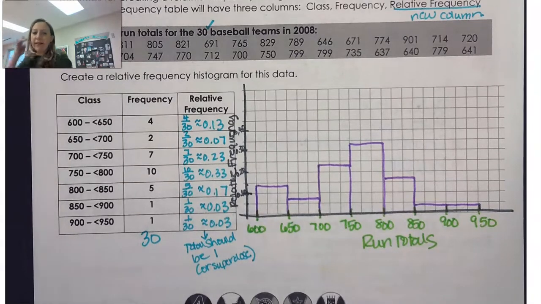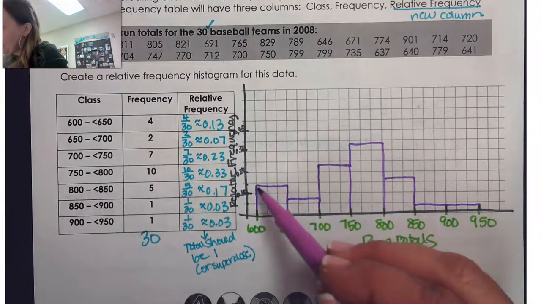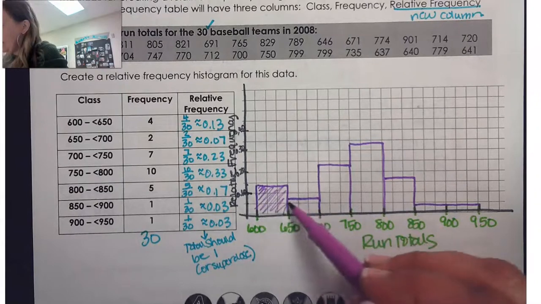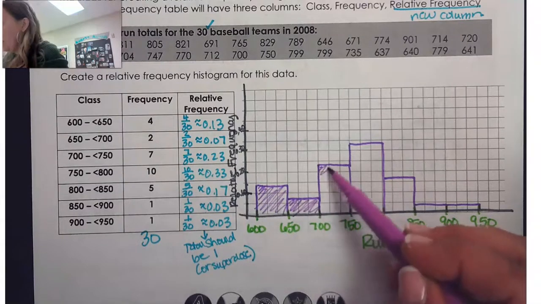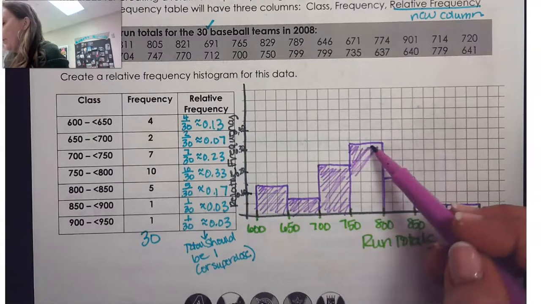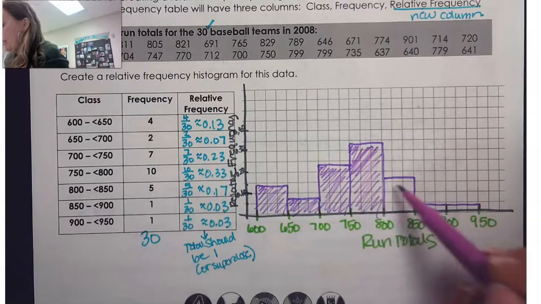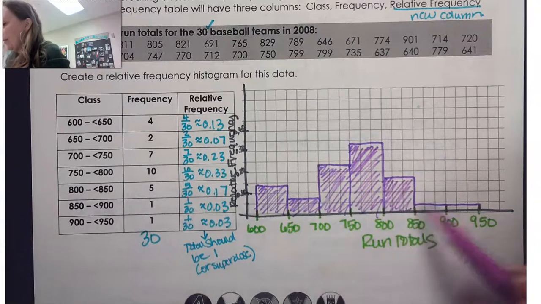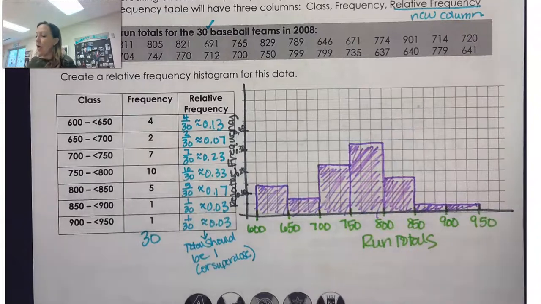Okay. And then again, I will ask real quick to shade these in, just so they're differentiated. Shading's also therapeutic for many people, myself included. All right, so that looks nice.